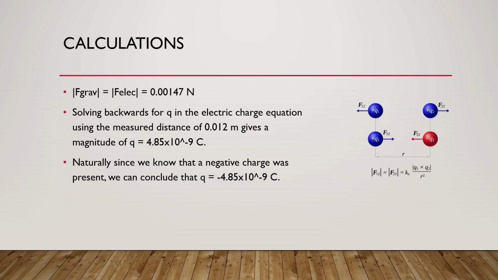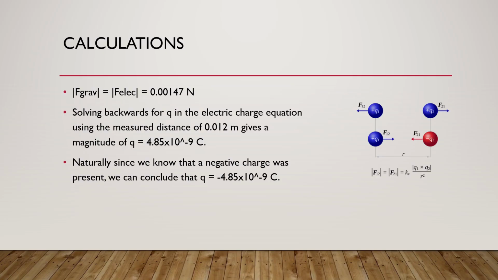Then we solved backwards for Q in the electric force equation. It is important to note that we had to assume that both of the charges were equal for both pieces of tape. There's really no way to prove this for this experiment, and it's probably not true, but we had to assume it.